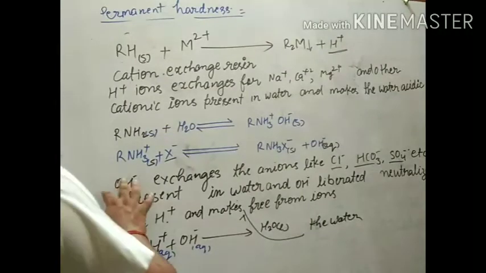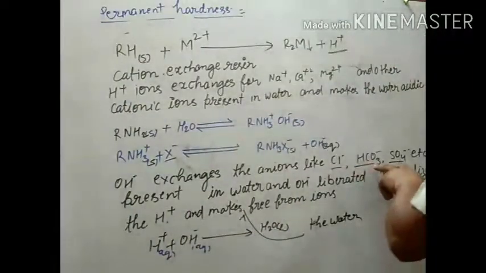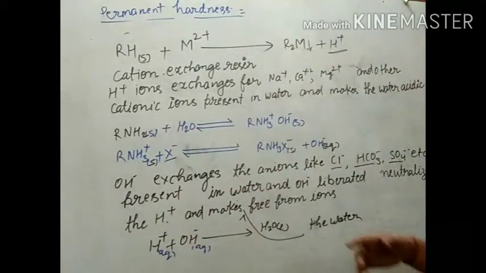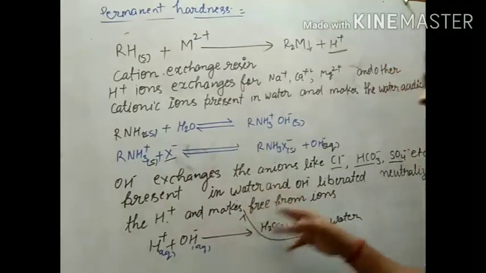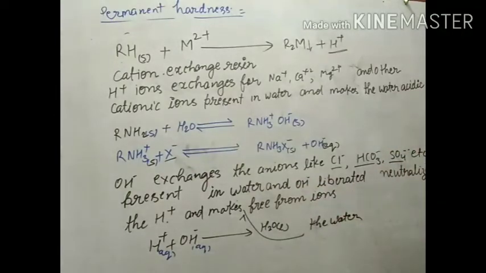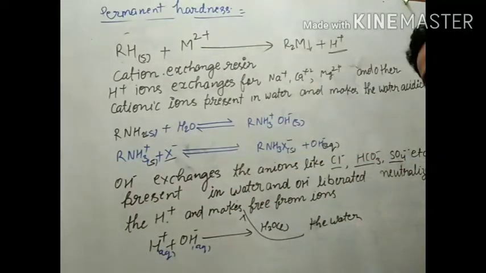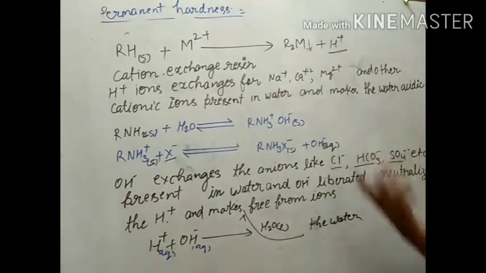Here OH minus exchanges the anions like Cl, HCO3, SO4 etc. present in water and OH minus is liberated. The liberated OH minus neutralizes the H plus ions and makes the water free from ions. Means the anionic resin exchanges all the anions from the water, whatever anions are there, and liberates OH minus.